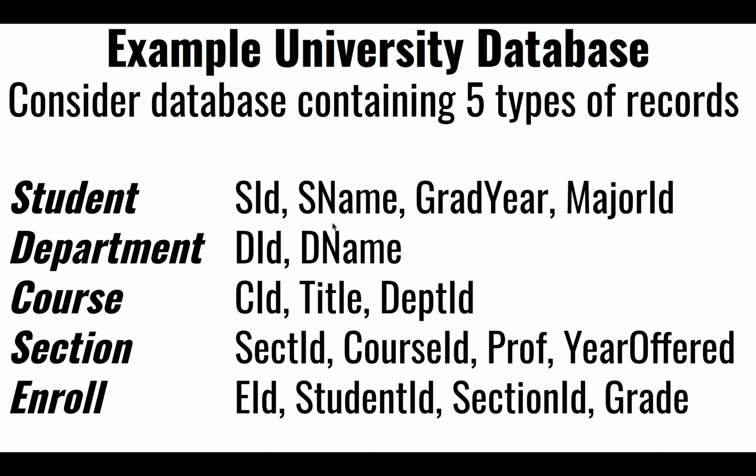Another thing that we're pointing out here is that this enrollment has references to two places. It says, hey, that student over there is related to this particular section over there, right? So we usually refer to that as a many-to-many relationship, right? Many students are enrolled in many sections, and many sections have many students enrolled in them. It's a many-to-many between those, right?